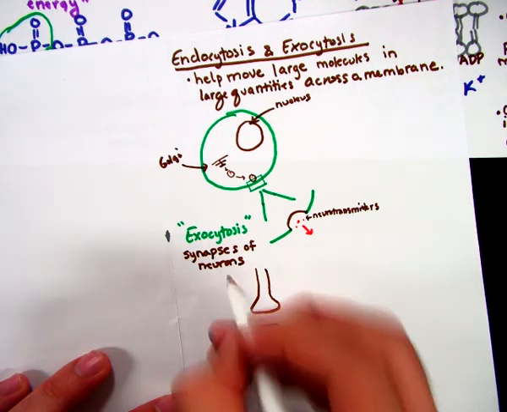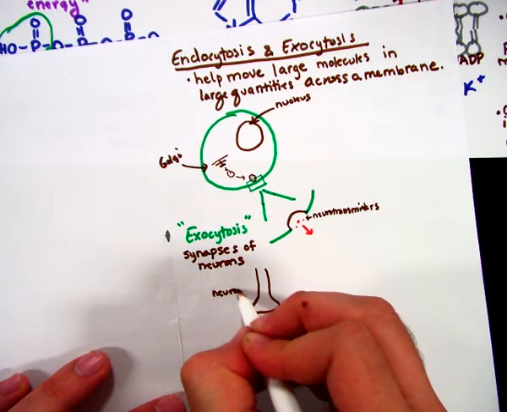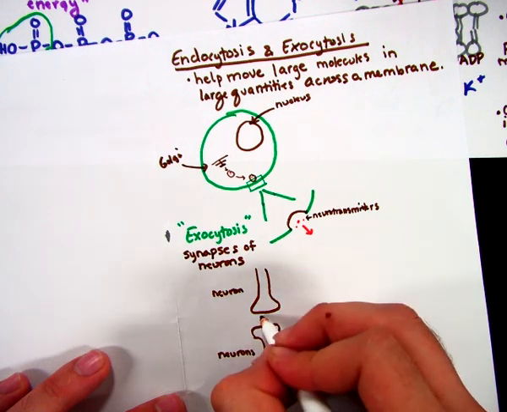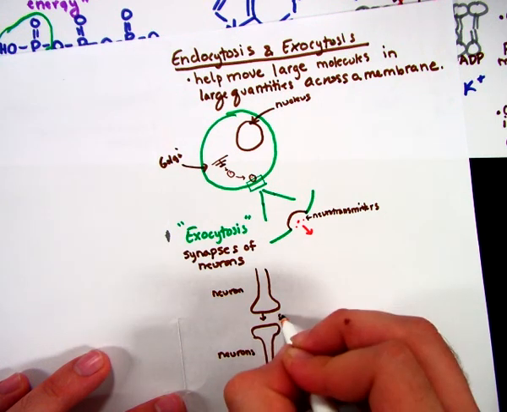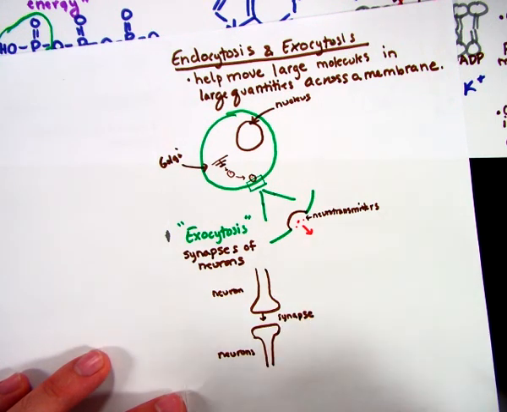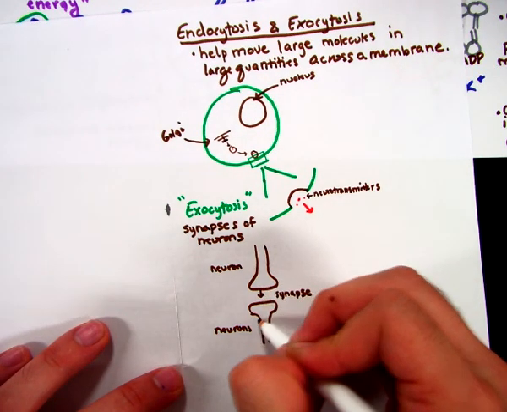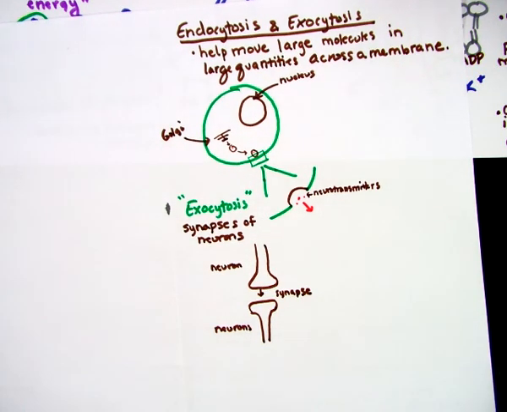These are neurons. This middle part is a synapse, which basically allows neurotransmitters to be sent from one neuron to the other. That's how signaling happens across neurons. Okay.